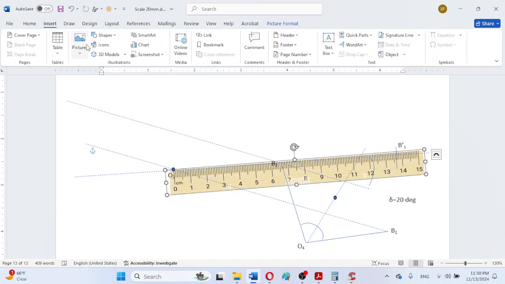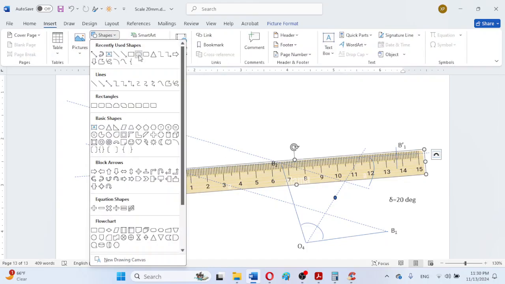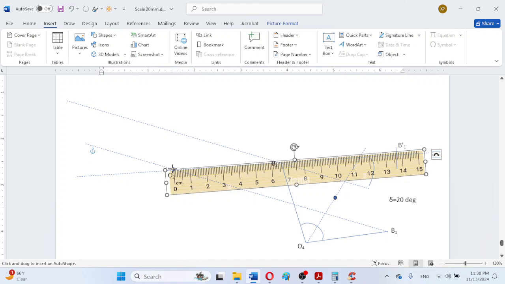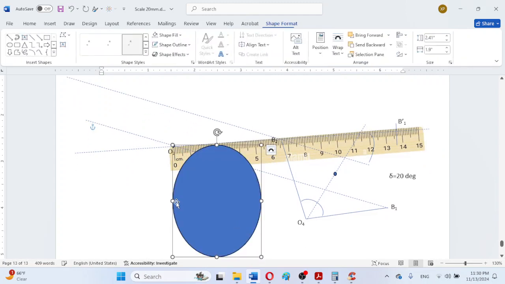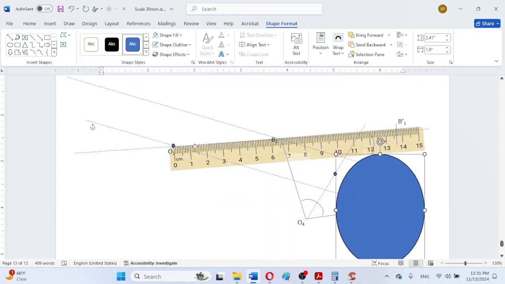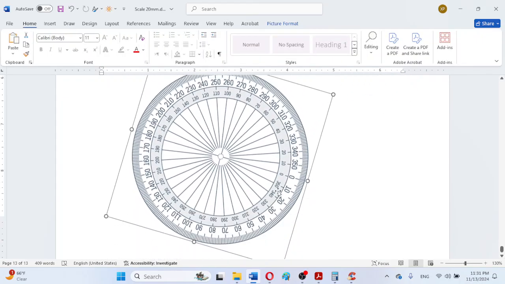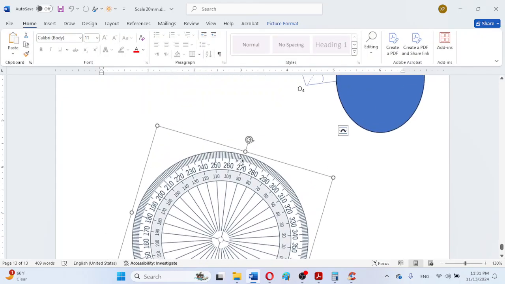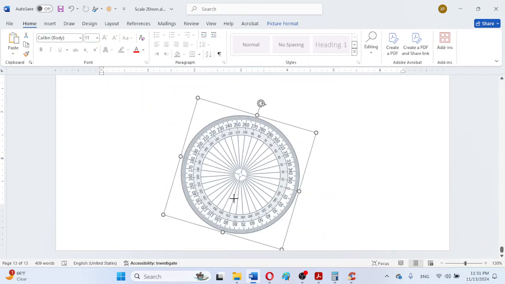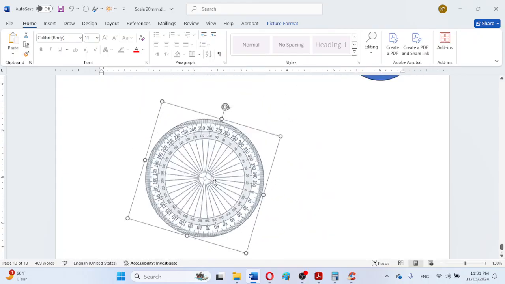So just go into the shapes area and draw this circle like this, or we can use just that protractor, that will make work easier. Like this.